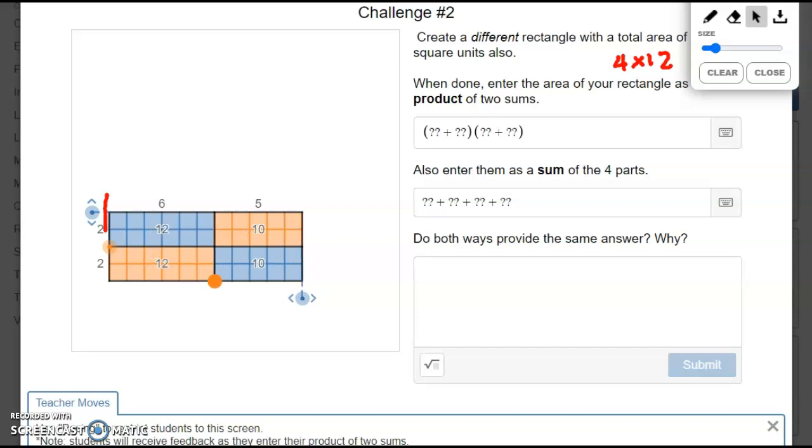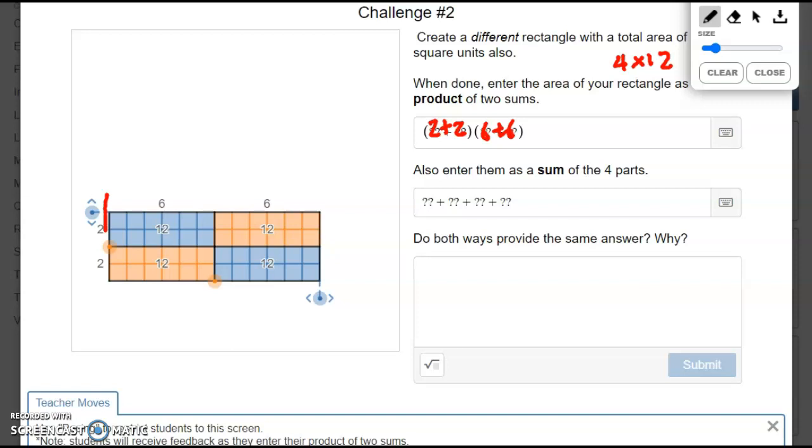Let's do 6 and 6 just to make it easy for me. What's the length? I have 2 plus 2 here, and 6 plus 6. So I am multiplying 6 plus 6 times 2 plus 2, which is 4 times 12.